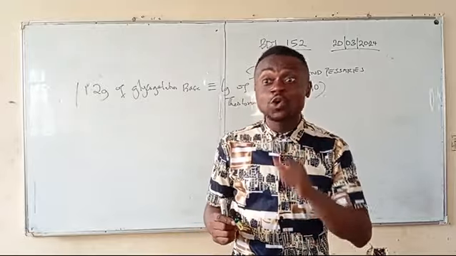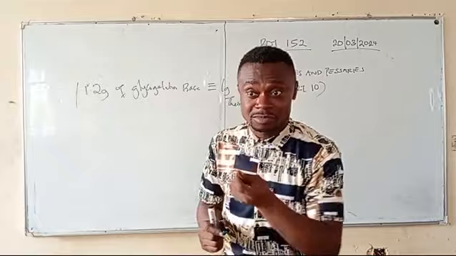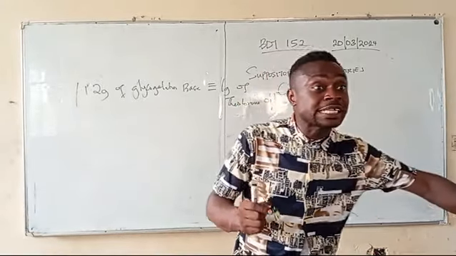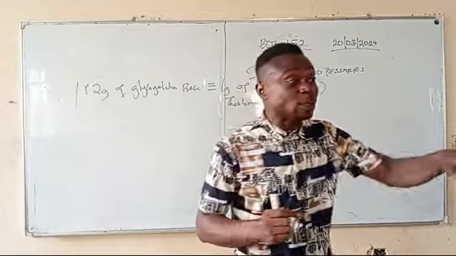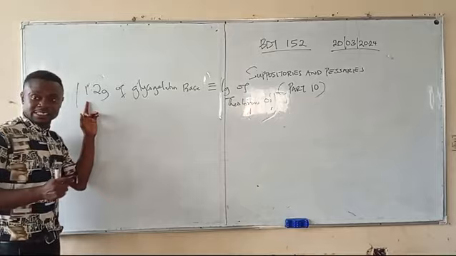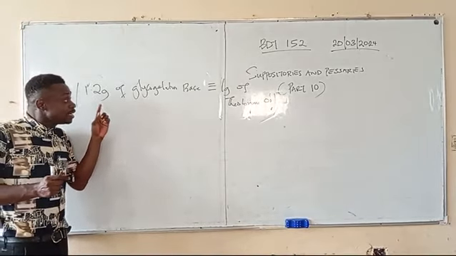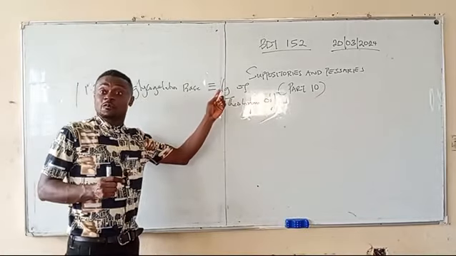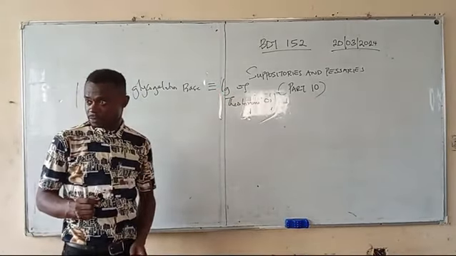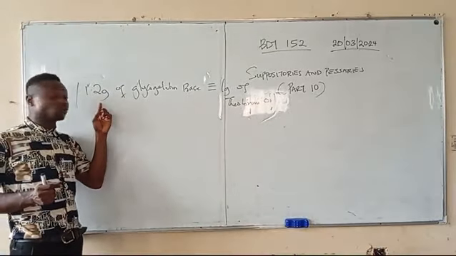You compare their density, not just their mass alone, because the volume must be kept constant before you can say that this one is heavier than the other one. So now, 1.2 gram of glycogelatin base and 1 gram of theobroma oil have the same volume, but the weight is not the same, meaning that this one is what?